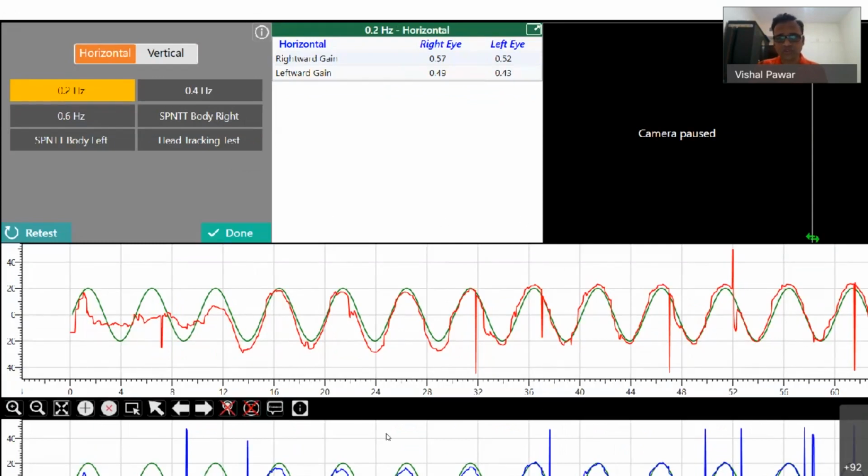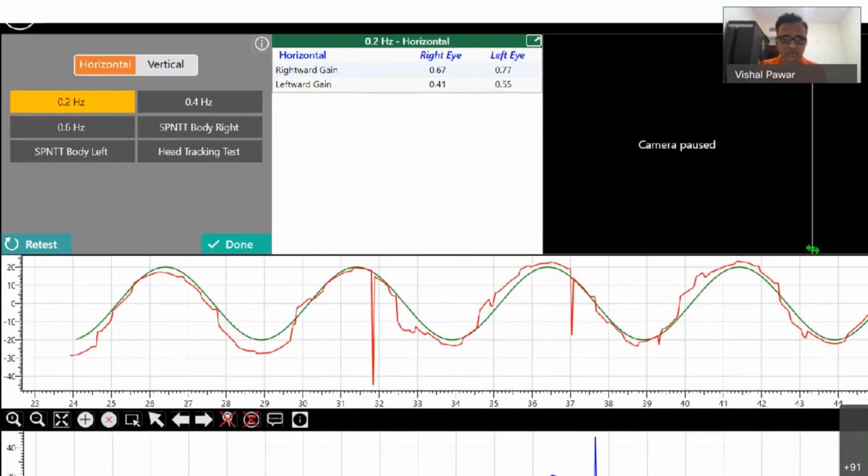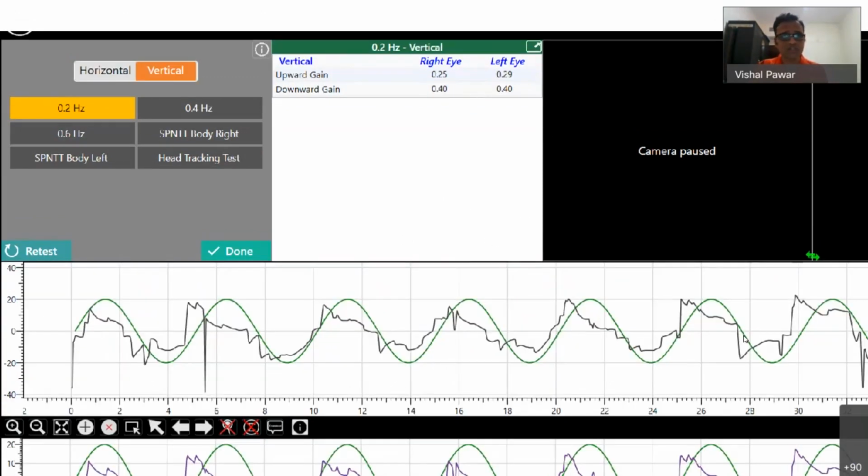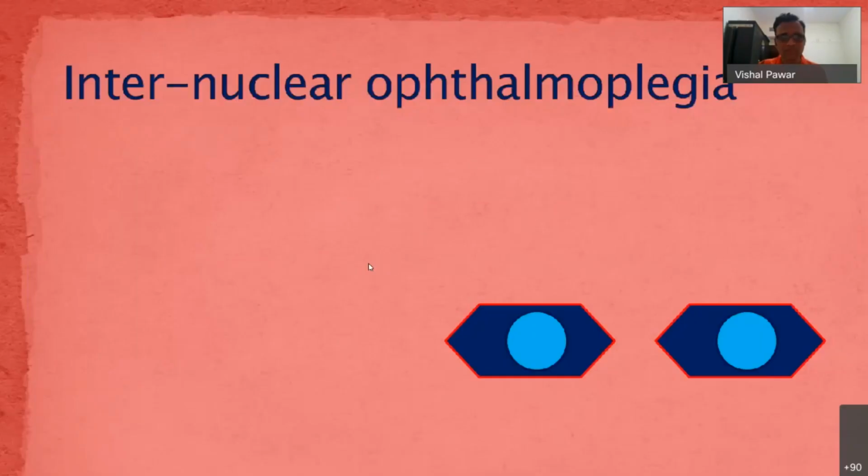The horizontal smooth pursuit is interrupted by multiple saccadic intrusions, and the vertical smooth pursuit was totally impaired. The patient was not able to perform the vertical smooth pursuit well.